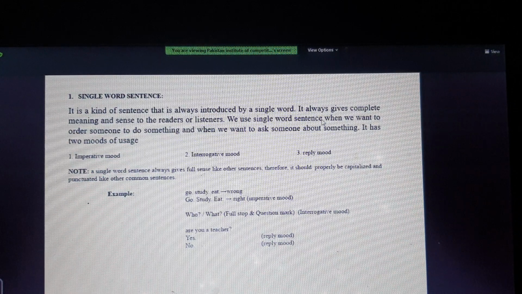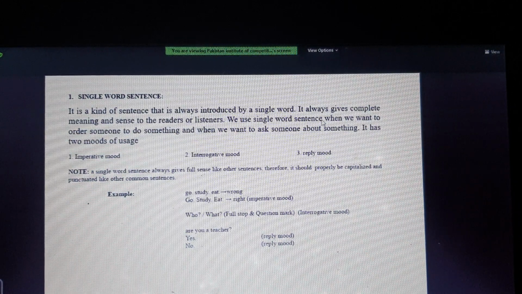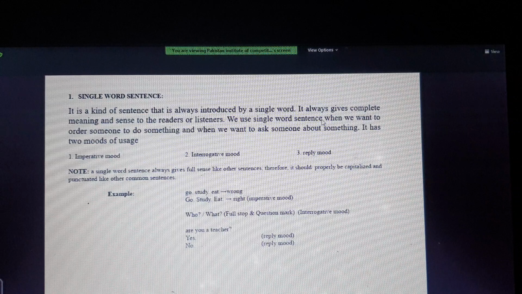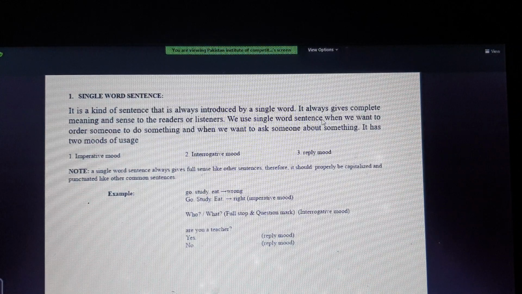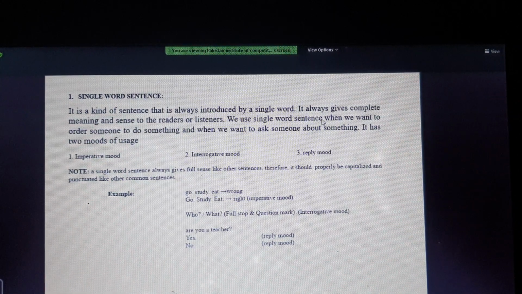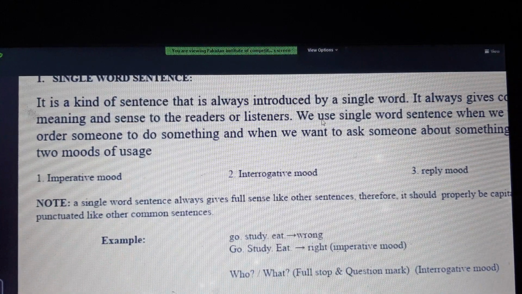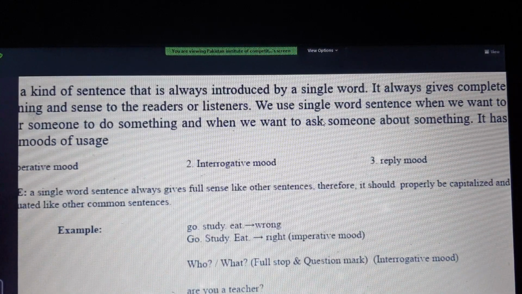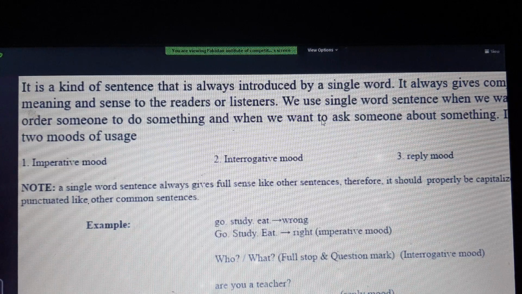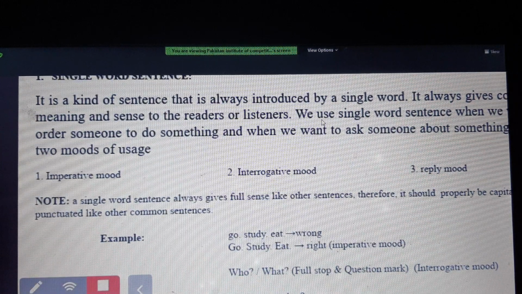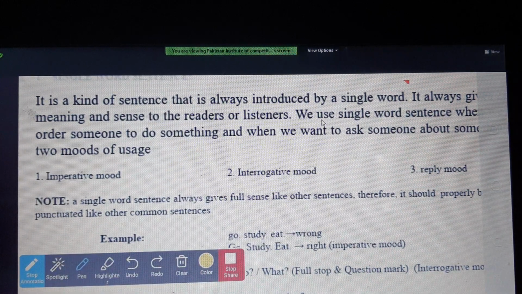So my dear students, there are 3 situations. 3 situations ऐसी हैं जहां पे हम सिंगल वर्ड सेंटेंस को यूज कर सकते हैं. और वो कौन कौन सी है? नंबर 1, इंपेरेटिव मूड में. नंबर 2, इंट्रोगेटिव मूड में. एंड नंबर 3, रिप्लाई मूड. आंसर, let me repeat once again.